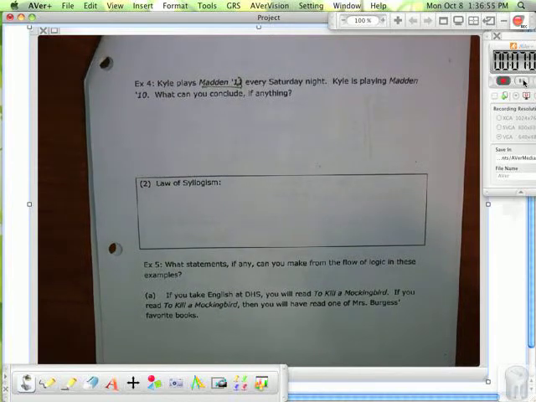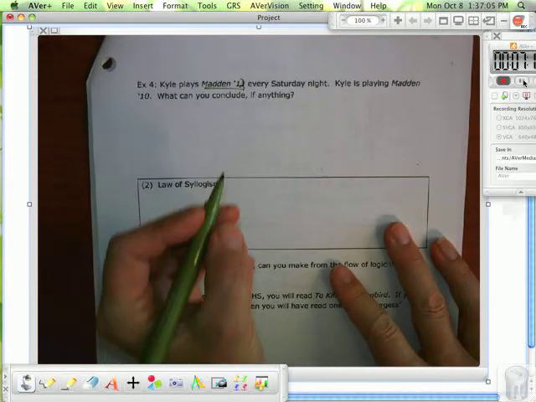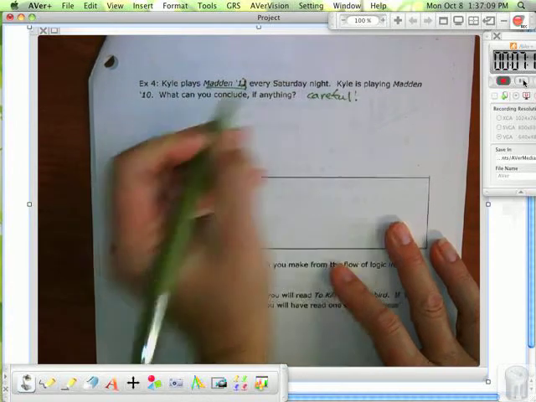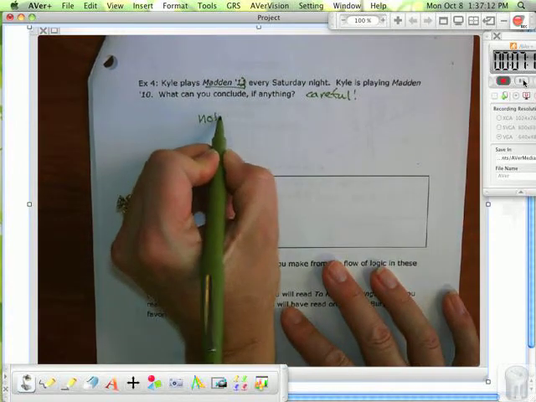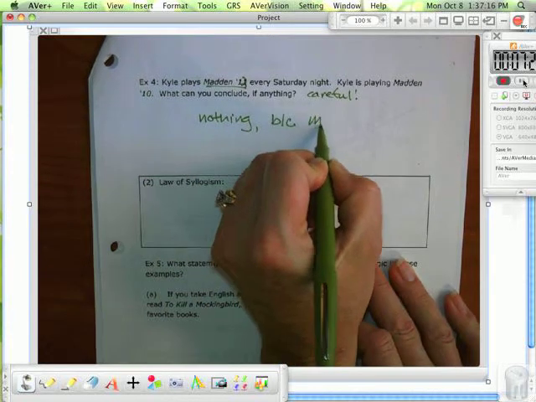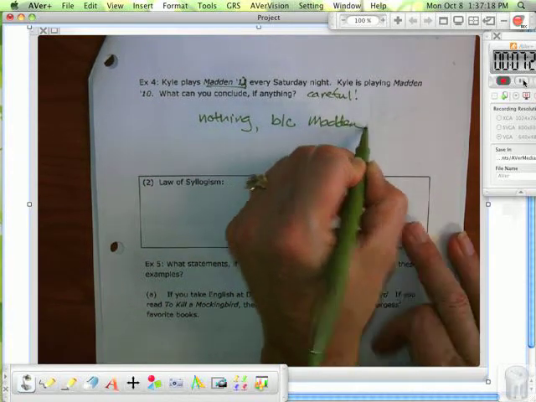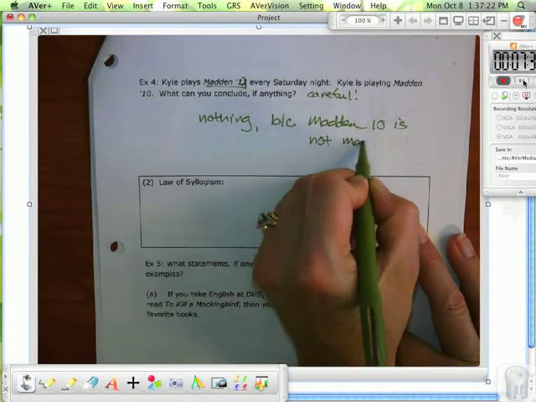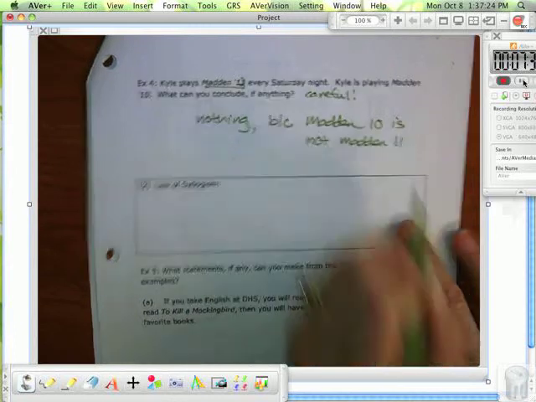We don't know that, so we can't say it's not Saturday. Can we conclude anything? No. So you have to be careful with this one. We can't conclude anything because Madden 10 is not Madden 11 or 12, whatever you guys want to write.